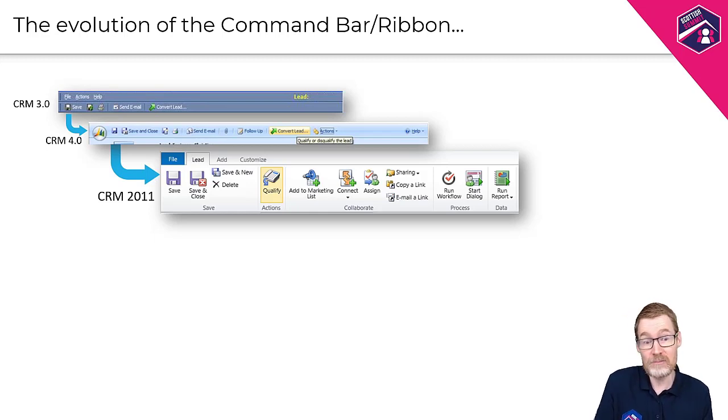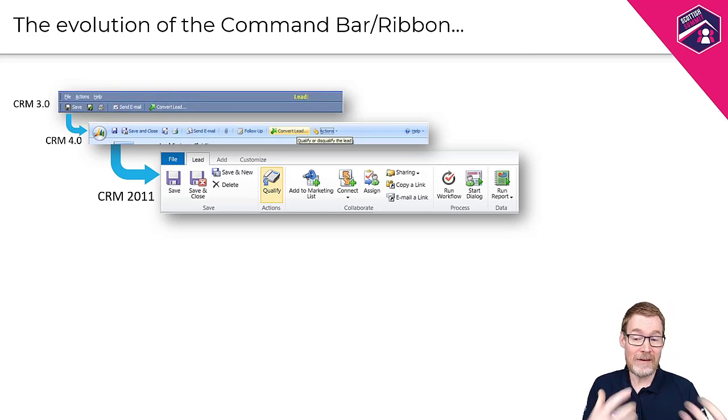And the idea about the ribbon was that it was trying to be more contextual, so show you the buttons that you needed when you were using a particular part of the application. So the tabs and which buttons appeared were dynamic based on where you were. And so CRM 2011 borrowed that ribbon concept and tried to make it fairly contextual as well.